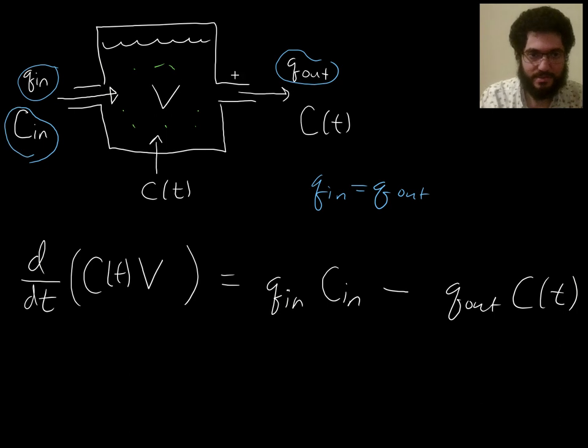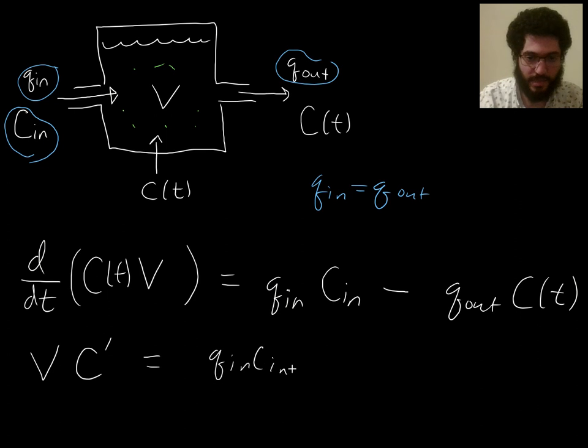So all these things I've circled in blue are assumptions we've been making, which were needed to ensure that this differential equation is separable. So I hope you can see now that it is separable. So if I write it using the prime notation, it's V C prime, where C is the unknown function of t.